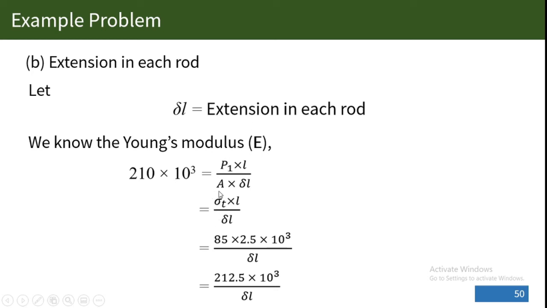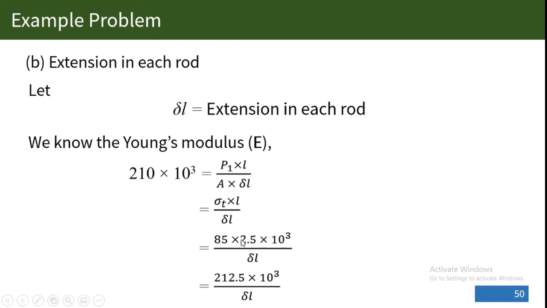Kani imo siya evaluate na to, then the initial length L over delta L. Okay, so we know that these values, sigma sub t is given, and also the initial length, right? So we simply multiply these values: 85 Newton per millimeter square times 2.5 times 10 to the power of 3.